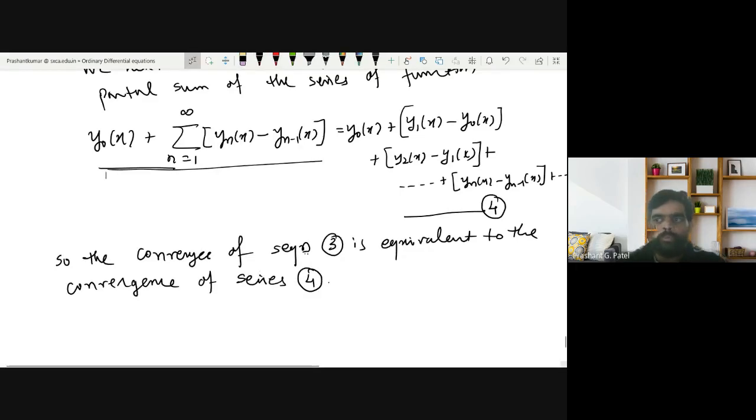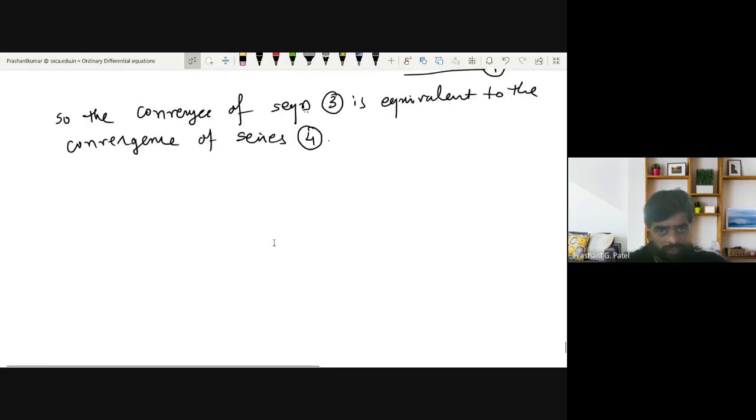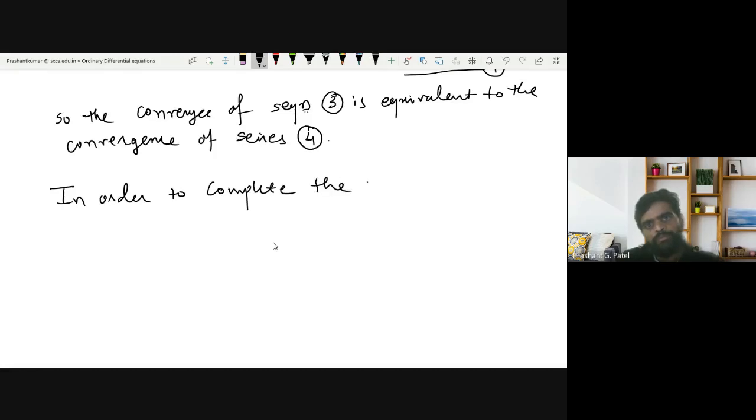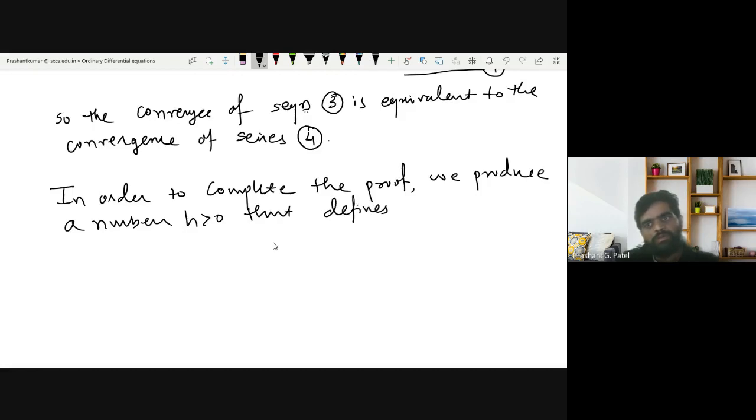So in order to complete the proof, we produce a number h greater than 0 that defines this interval, x0 minus h to x0 plus h.